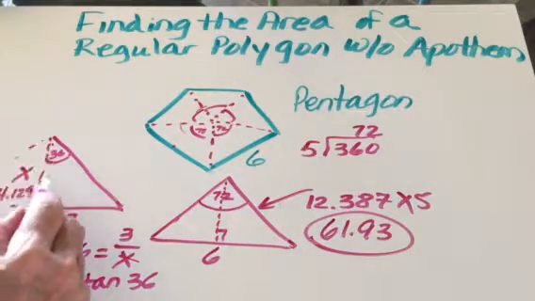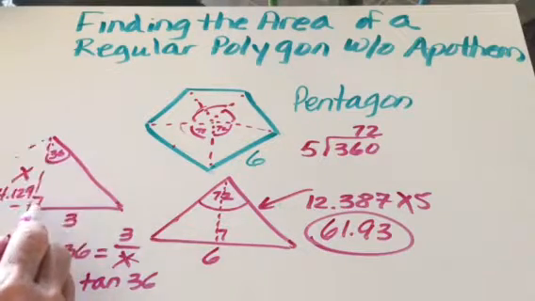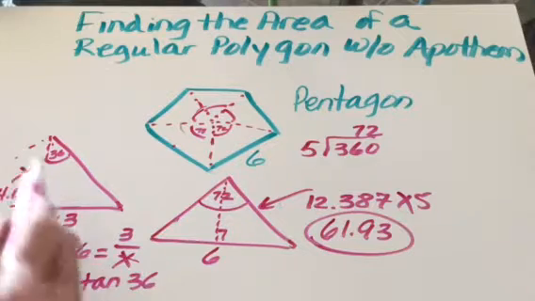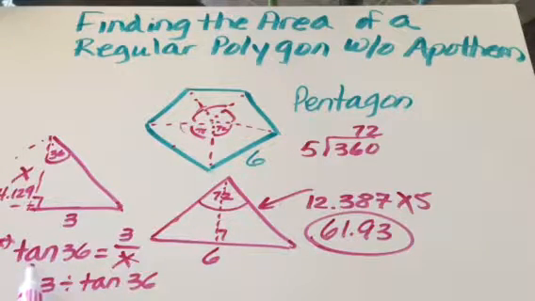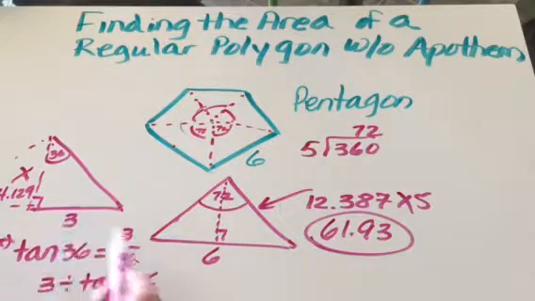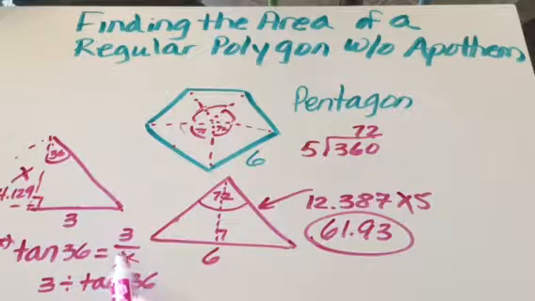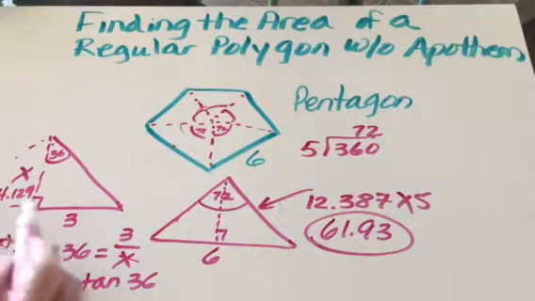To find the area of this triangle, I have to go base times height. To find the height, I use the tangent ratio. The tangent of 36 is the opposite over the adjacent, which is x. To find that out, I multiply both sides by x, and I'm left with 3 divided by the tangent of 36, and that equaled 4.129.